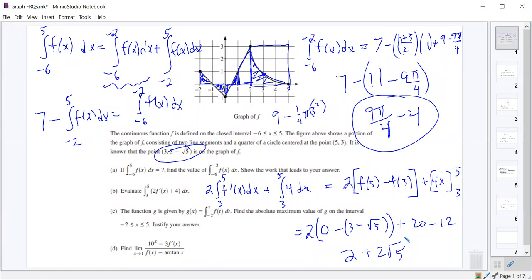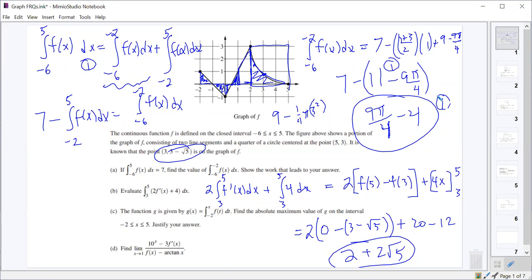Everybody good there with that one? What was the point breakdown for A and B? Sorry, so for A, let's see, if you set up this integral at all like this, that's 1 point. Finding this value of 11 minus 9 pi over 4 was a second point, and then the final answer was a third point.